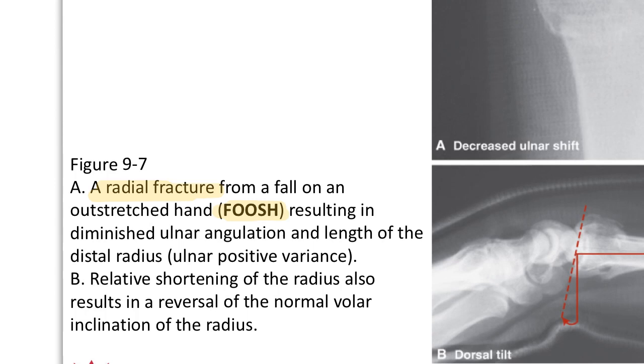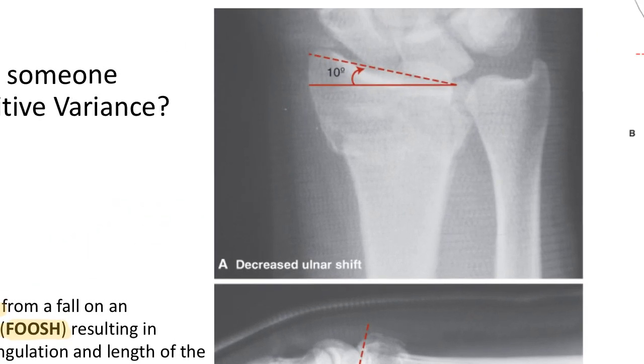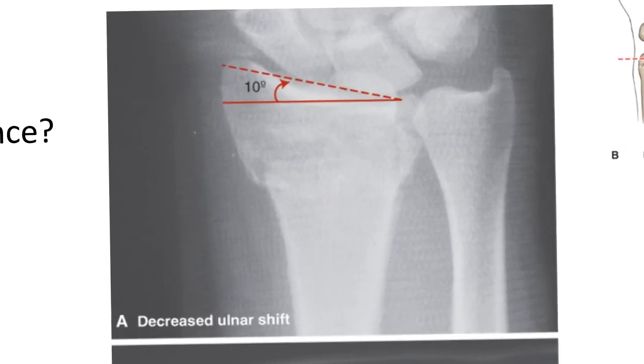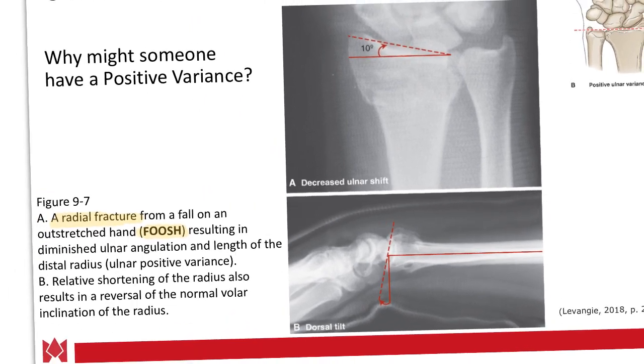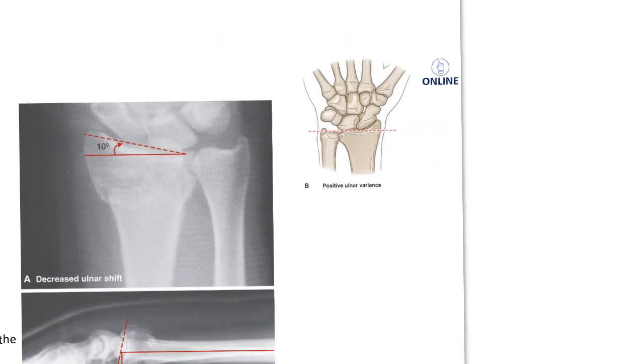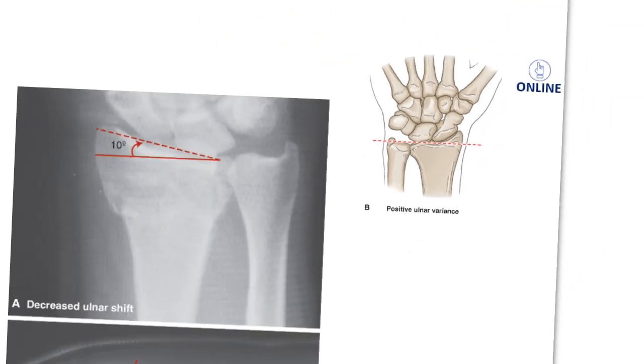And this may depend on the time that it happens. If it happens during the growing years and if it affects the epiphyseal plate, then it can be significantly compromised. But even as an adult, you can have a break in the bone, and then it can create a reduction in the overall length of the radius, even just by a centimeter or two, which would be some significant load differences for these joints, and that would be enough to give you this positive ulnar variance.